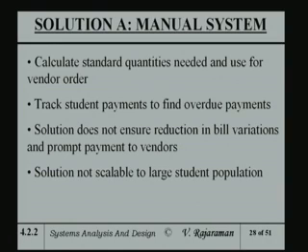In other words, it may be all right if you have a mess with 50 students. Like your home, you have a small number of people and you don't really go through all this business. If it is a small mess with 50 students, the manual process will work reasonably effectively.